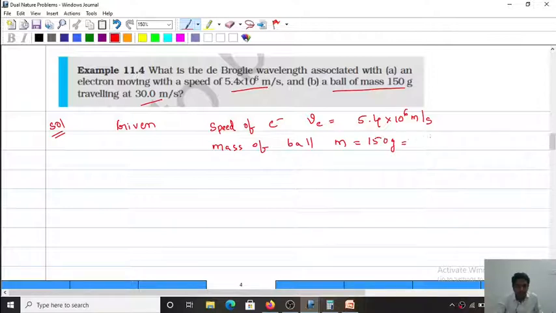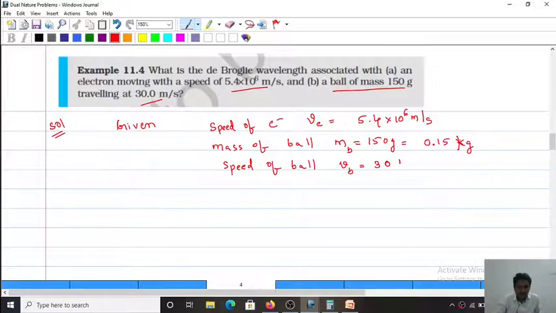It is in the CGS system, so I need to convert into kilograms: 0.15 kg. And the speed of the ball, Vb, is given as 30 meter per second.